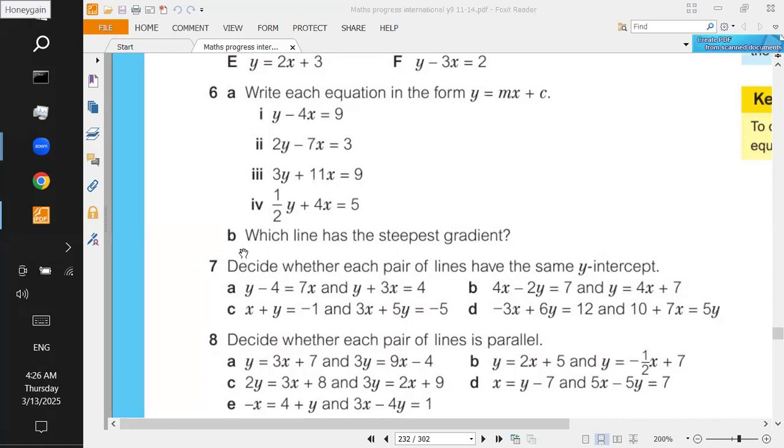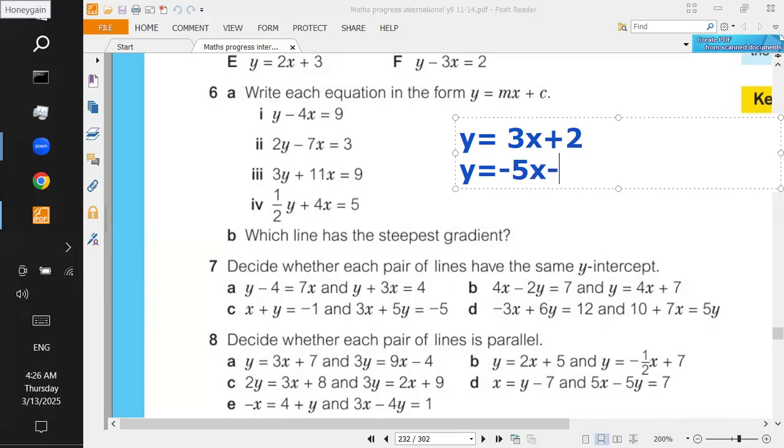For example, if I have an equation like this, y equals 3x plus 2, and another one, y equals negative 5x minus 8, for example. Now, I want to decide which one is the steepest line or the steepest gradient.